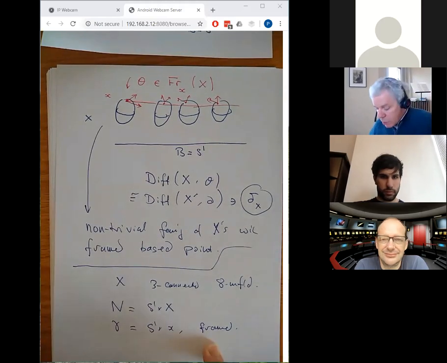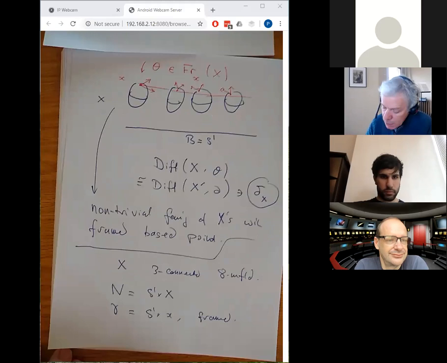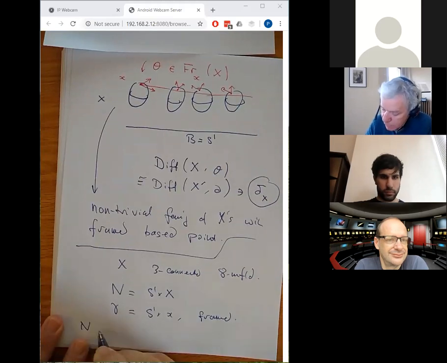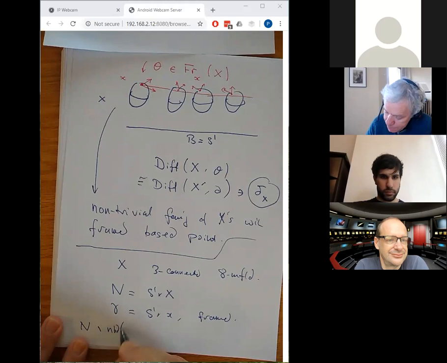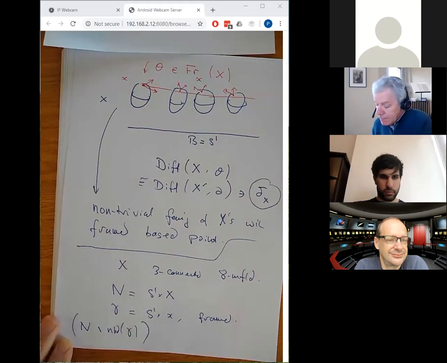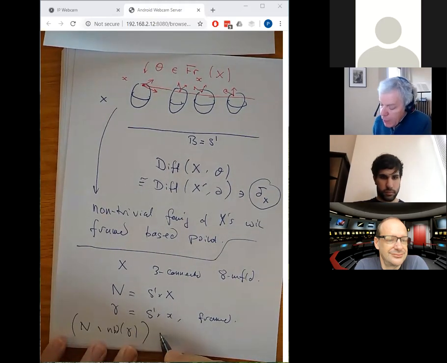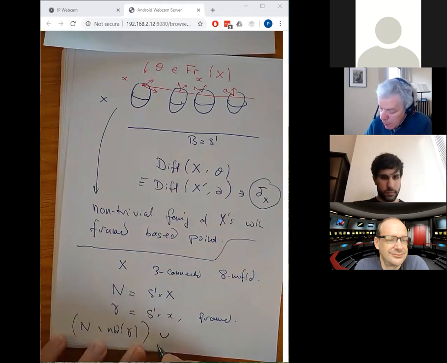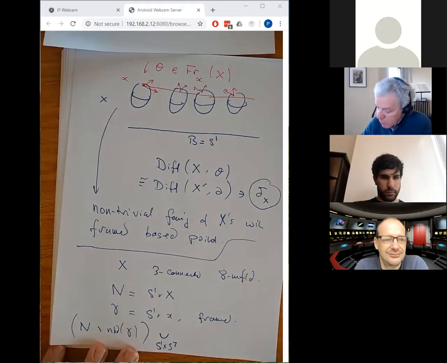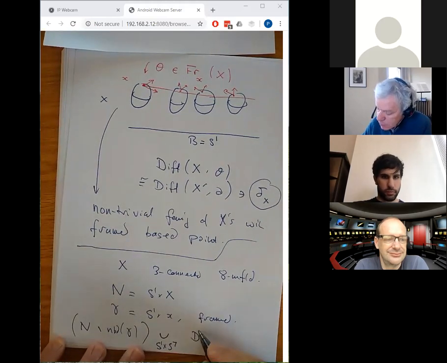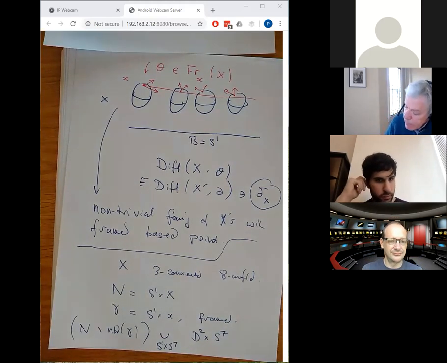We take out a tubular neighborhood, so we're going to take N minus a neighborhood of gamma. That leaves as its boundary, in this dimension, S1 times S7. And we just do surgery. We glue in D2 times S7 using the framings that we have here.